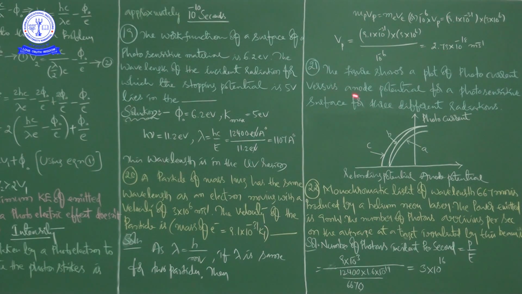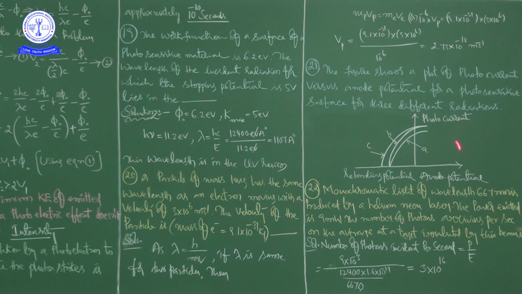Right, next problem. The figure shows a plot of photocurrent versus anode potential for a photosensitive surface for 3 different radiations. So this is the graph. Based on this graph we have to answer. There is a relation between frequency and stopping potential, that is the retarding potential, and there is a relation between intensity and photocurrent.